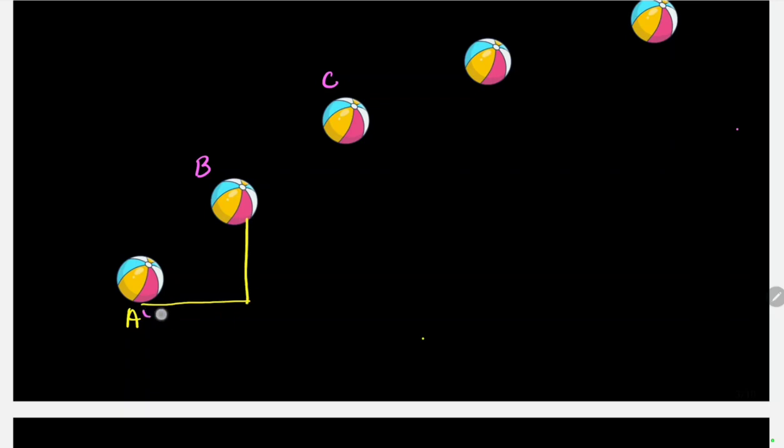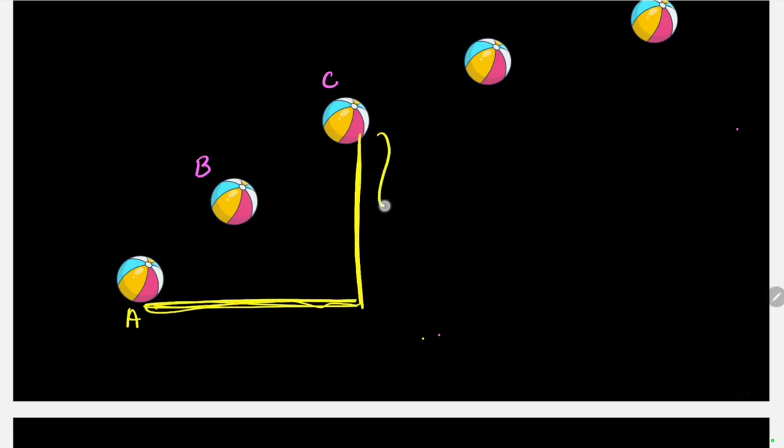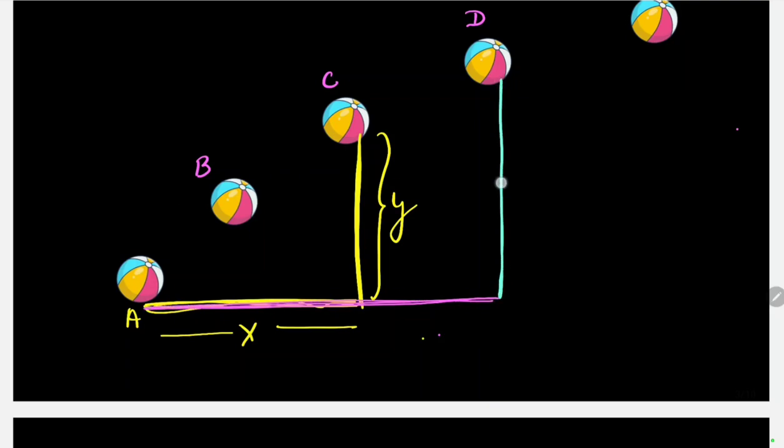So the ball has this much displacement in the x-axis and this much displacement in the y-axis to reach from A to B. If I compare A to C, the ball has moved this much length in the x-axis, and point C is this much high in the y-axis. If I compare another point D, the distance in the x-axis will be this purple line, and the displacement in the y-axis will be this sky blue line. So you see it keeps on changing.